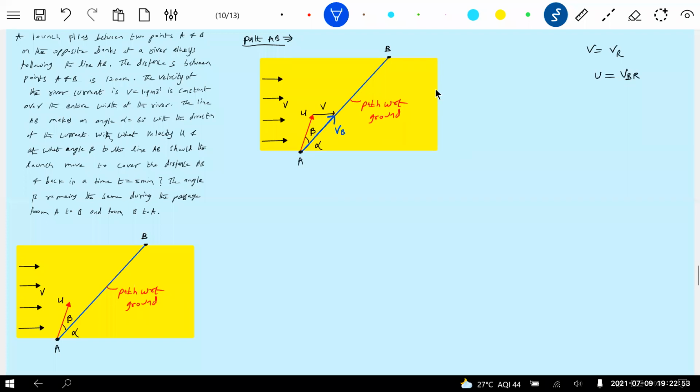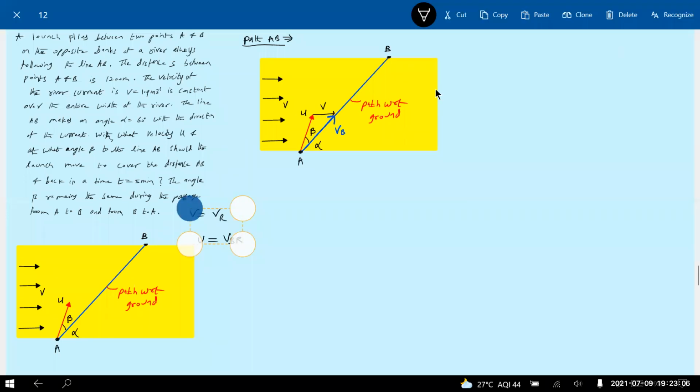How to manage this? Throughout the problem, we'll use this convention, these symbols.